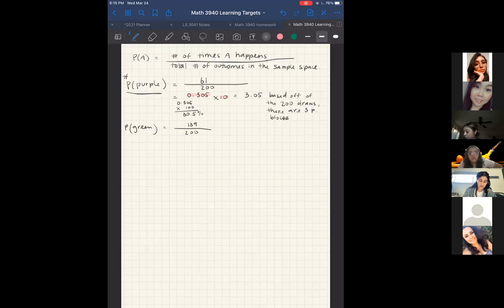Exactly. And then 61 was for purple. And then the 139 is how many times we pulled out the green. And that's why, to find the probability of pulling a green, we divide 139 by 200, and that gives us, I think, like 0.6.